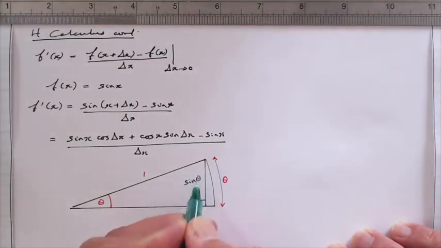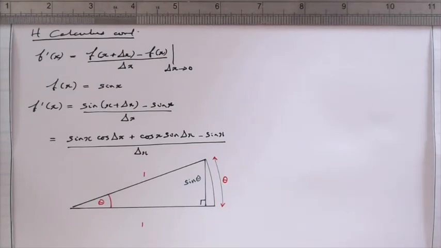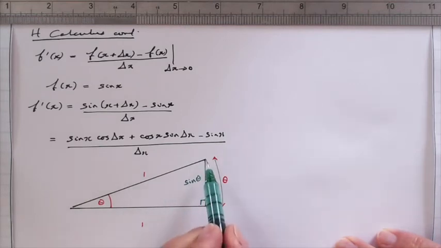If you watched the National 5 tutorials on trigonometry, you'll remember me using a circle construction with exactly this kind of idea to motivate the graphs of sine x and cosine x for all angles. And we're doing a similar thing here, inscribing a right-angled triangle inside a little sector of a circle.